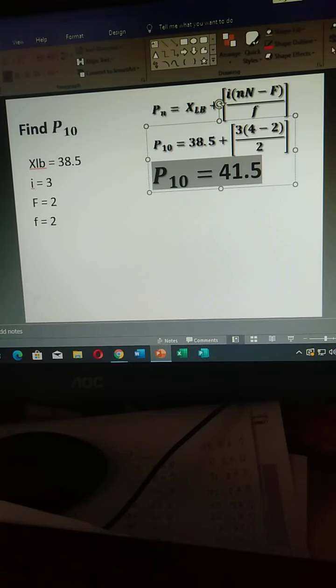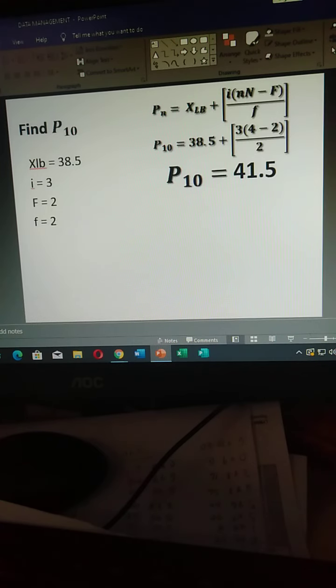Is that right? Is that also what you got for P10? 41.5. Where did I get 41.5? Here, I subtract 2 from 4.